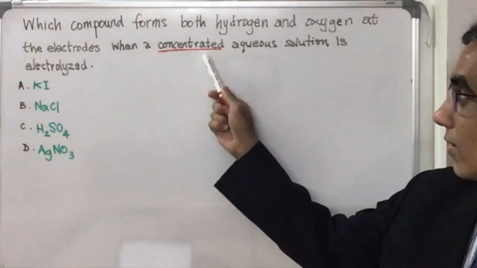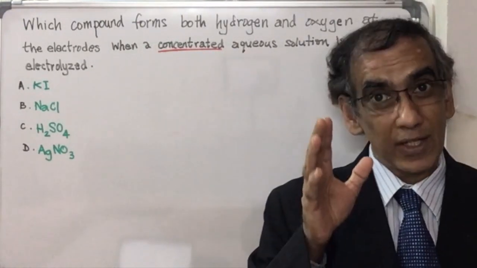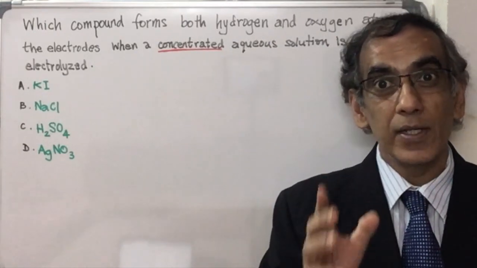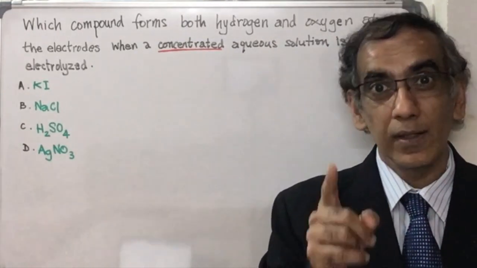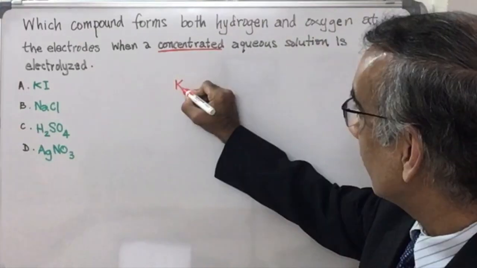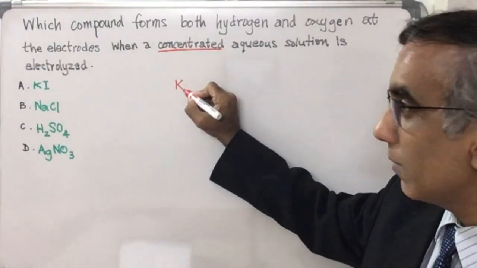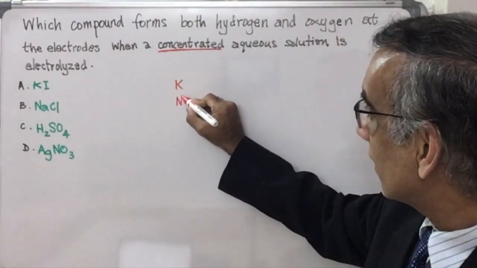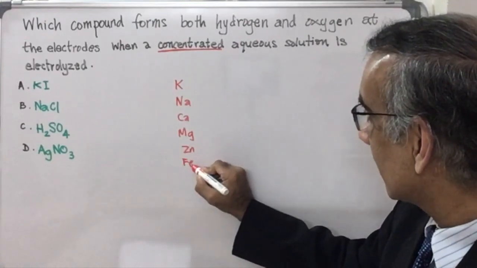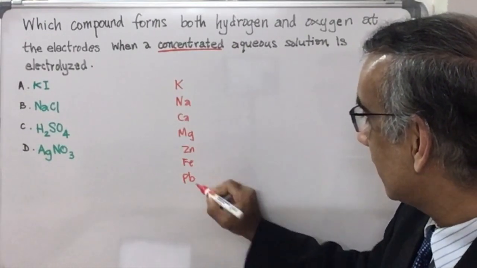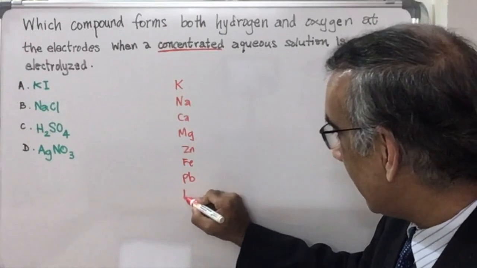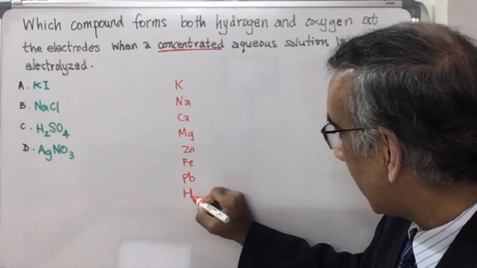The solution is concentrated. And when you have a concentrated solution, then it's important to use your knowledge of the electrochemical series. With potassium at the top of this electrochemical series, then sodium, iron, lead, and then comes hydrogen.